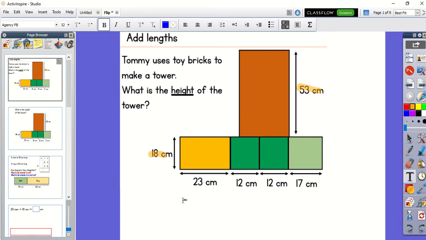So how could I solve this? Well, I can use my trusty column method. So I could do 53, add 18, okay, and we'll see what answer that gives us.